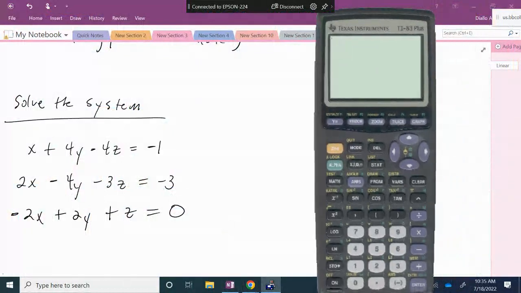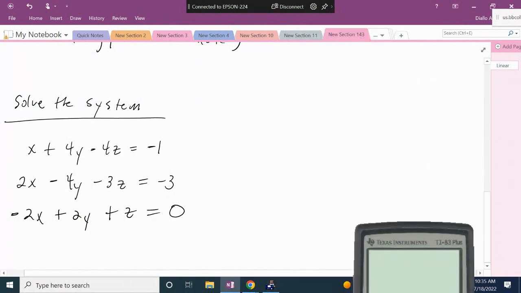We're going to enter the system into the calculator. But in doing that, we're going to have to convert the system to a matrix. So I'm just going to explain a matrix.